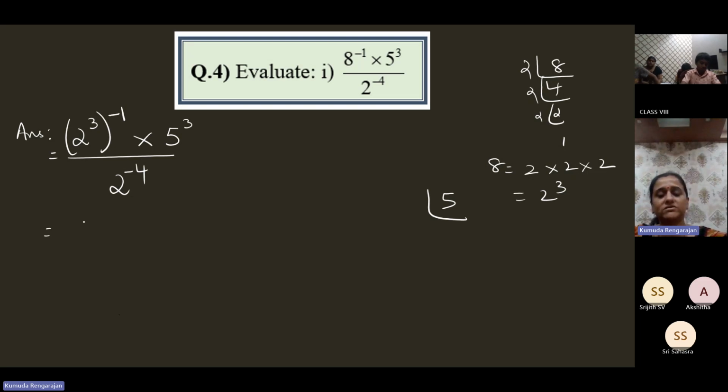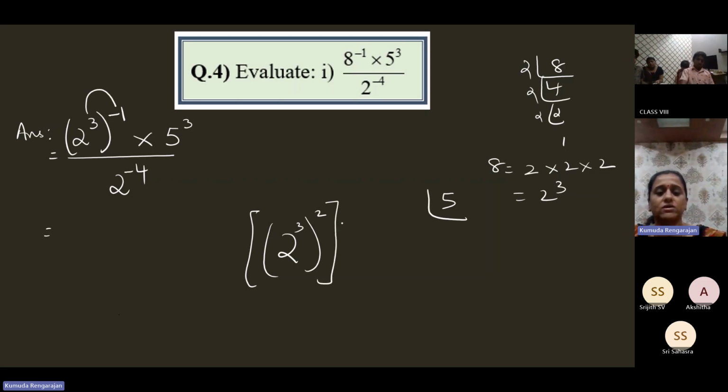What will be the next step, Sahasra? What will you do with these two? When the base is raised to many powers, what will you do with them? Supposing it's 2 raised to the power 1, the whole raised to the power minus 1.